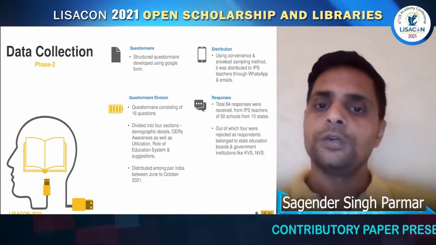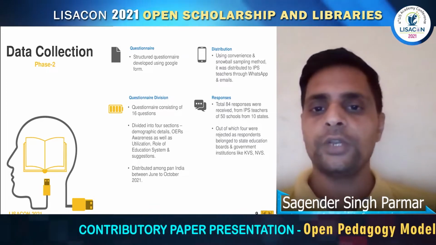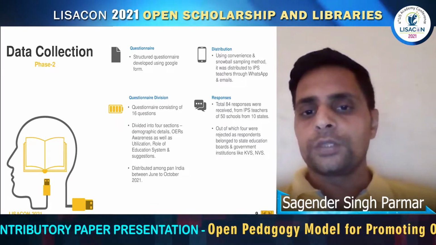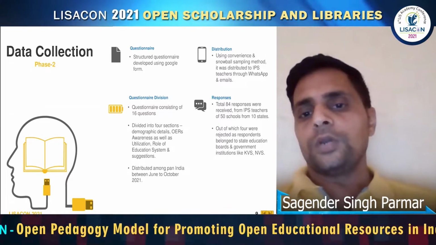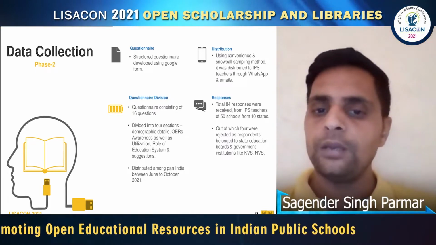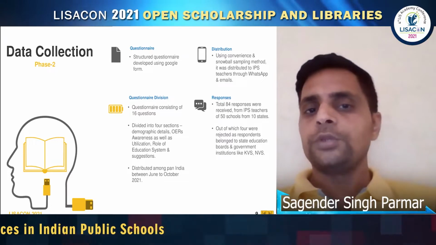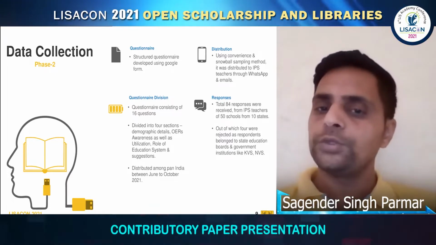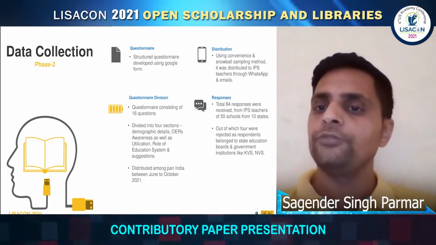In the first segment, we collected the demographic details, then the OER awareness, and the third one is the role of open education, and suggestions. Fine. And the questionnaire was distributed pan-India between June to October 2021. So from the distribution, a total of 84 responses were received in this period from Indian public school teachers of 50 schools from 10 states.